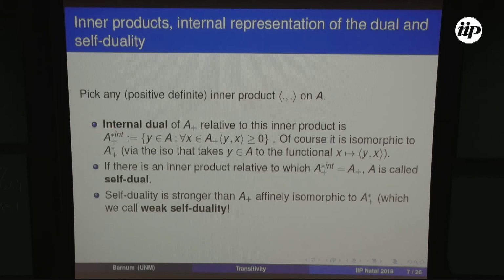So the internal dual cone, which is isomorphic to the dual cone in the dual space, is just the set of things that have non-negative inner product with everything in the primal cone.